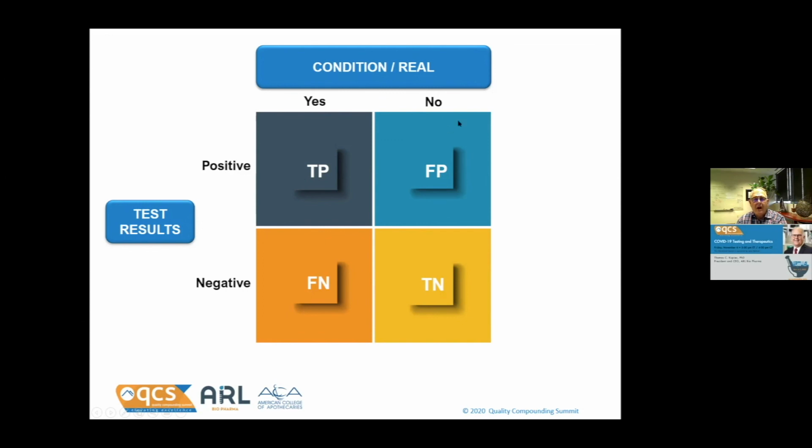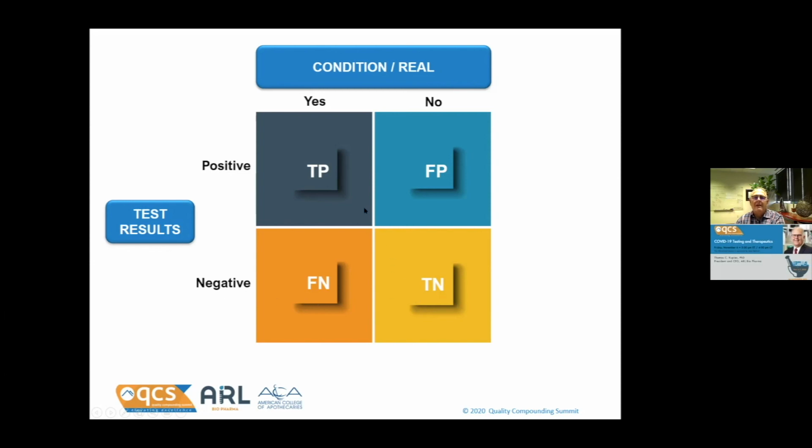If you really do not have the disease, but the test result indicates a positive, that would be a false positive. Similar logic would follow if you have COVID and the test result shows negative, that would be a false negative. Likewise, if you do not have the disease and your test is negative, it's a true negative.